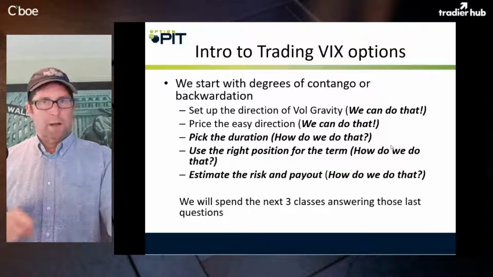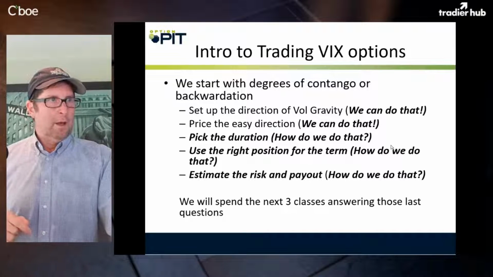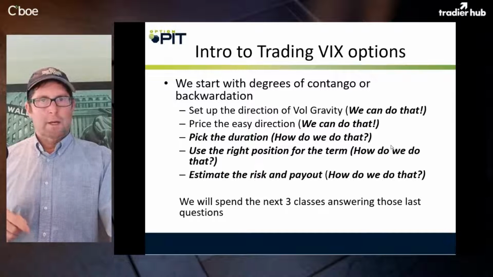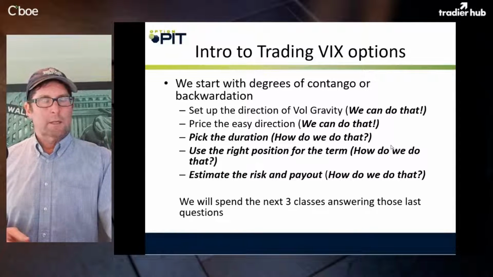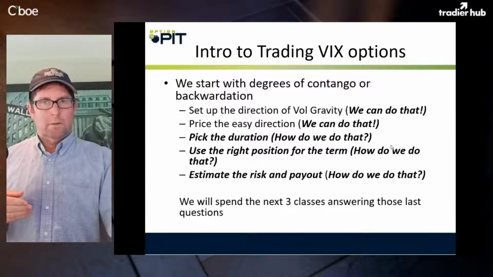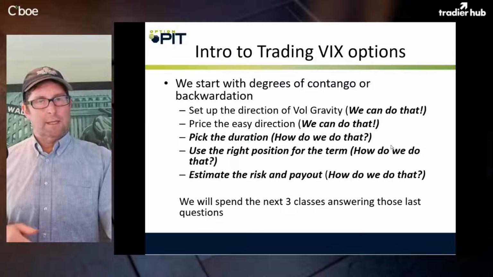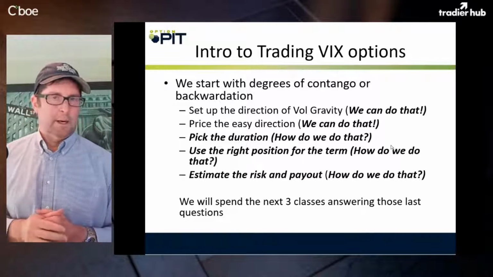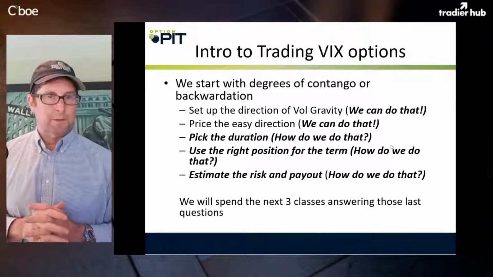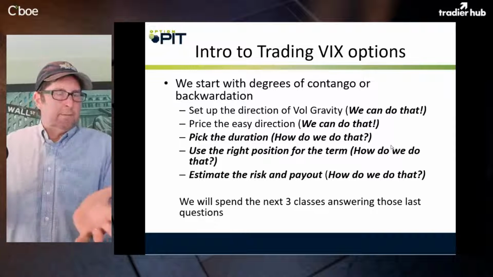Again, setting up the direction. The next thing is pricing the easy direction: where is the future moving to? And then the next thing is I pick duration, again based on where we are, creating the right position for the term, and then estimating the risk and payout of whatever trade we see.